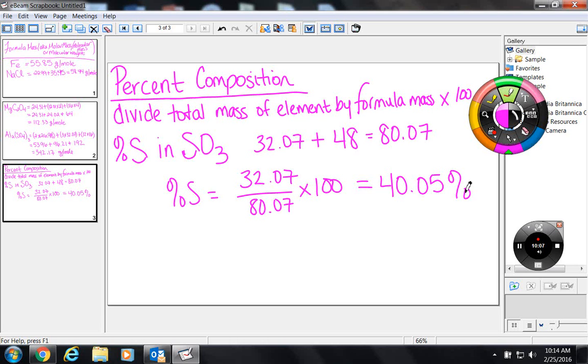You find the formula mass, which is the grams per mole, and you do that right here. You have to do that before you can find the percent composition. So once you get the 40.05, that's it.